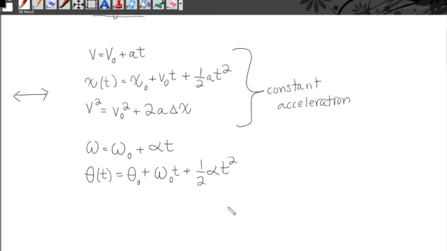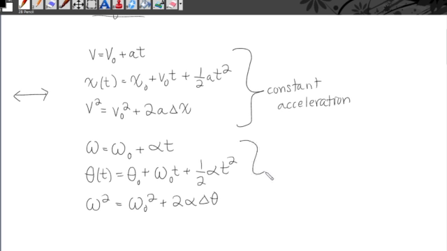And as you can probably guess, the final one is omega squared is equal to omega naught squared plus 2 alpha delta theta, where this is just the angular displacement or the change in angular position.